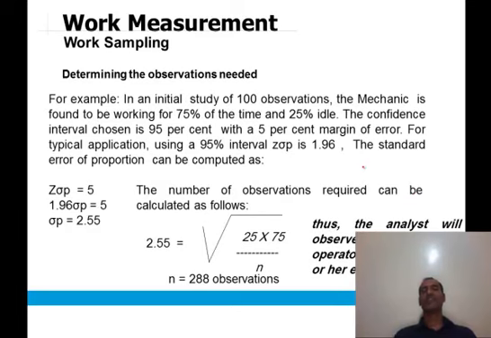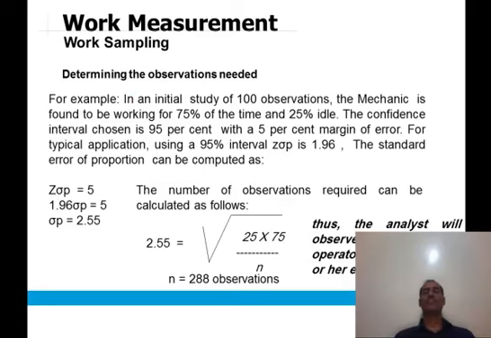Determining the observations needed. We are still in work sampling. If we take samples to determine the number of observations, then the number of observations will take us to the determination of the standard times.